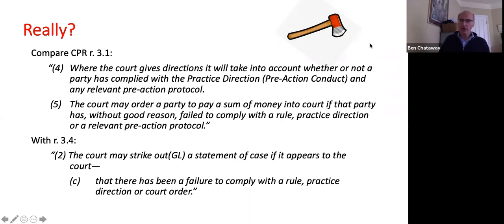So you have got at 3.14 specific provision saying that if there's a breach of the protocol, the court may order payment of a sum of money, or for example, impose a cost provision.